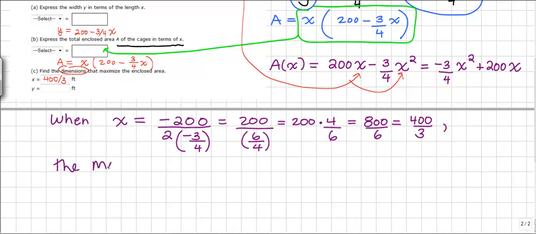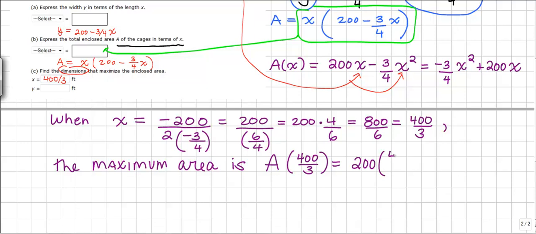Now, you may or may not have been asked for the maximum area, but let's look at it anyway, because sometimes you will be. The maximum area is the calculation of substituting 400 thirds into the area function for x.